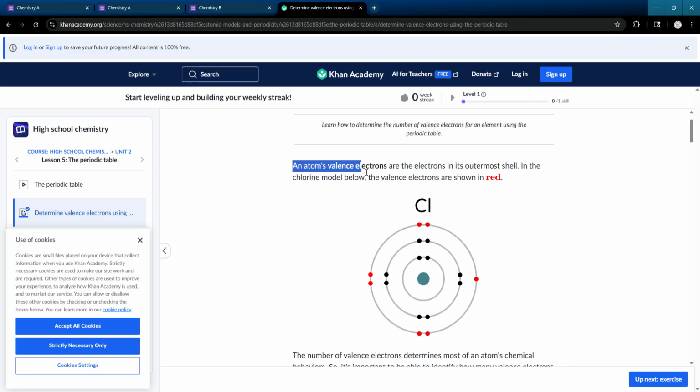An atom's valence electrons are the electrons in its outermost shell. So only in the outermost shell. And shown in red. So 2, 4, 6, 7.